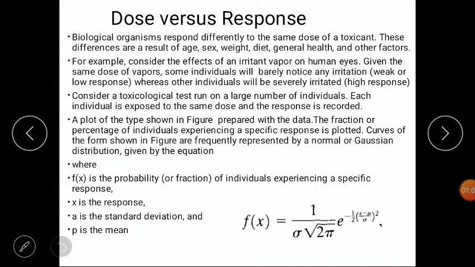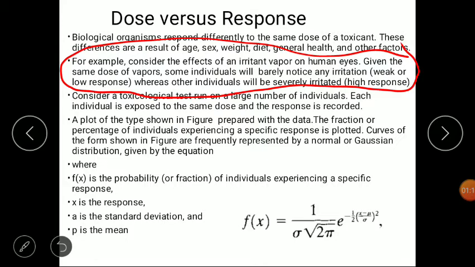Now, there is one example we will see in this slide. Consider a toxicant to be a vapor which irritates the eyes. If we expose that vapor to a number of individuals present in the room, there will be different responses from each individual.